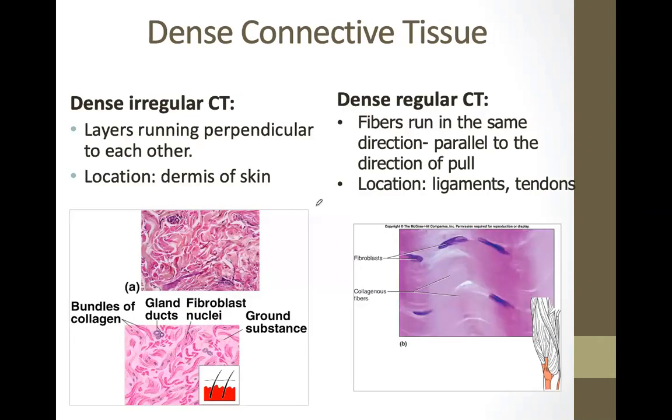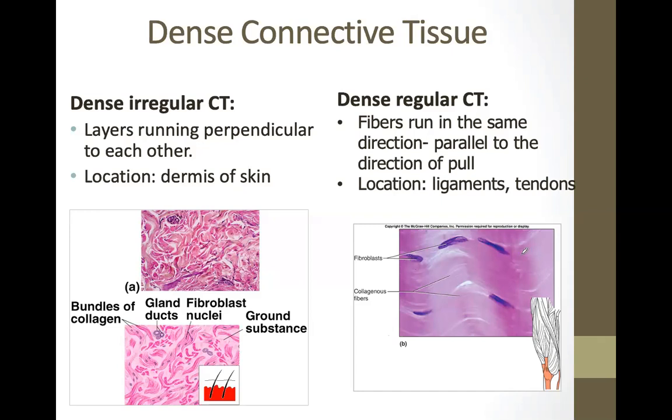So let's talk about your dense connective tissue. I gave you an idea of what that means when we're talking about dense regular versus irregular. Now you can see the pattern. I like to see this as a perfect ocean with beautiful waves. Look at this, see how beautiful the pattern is?